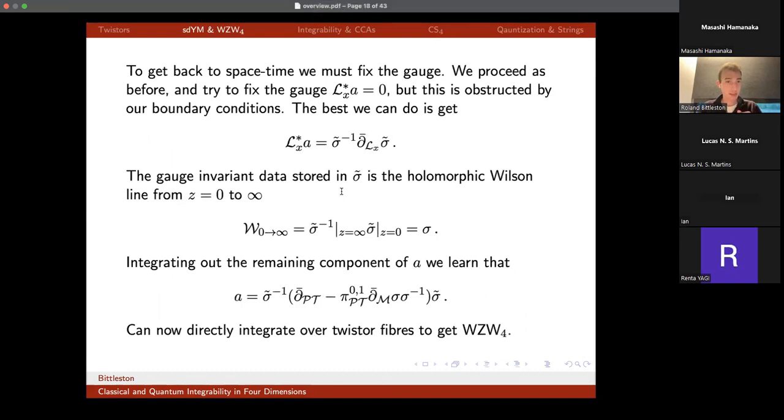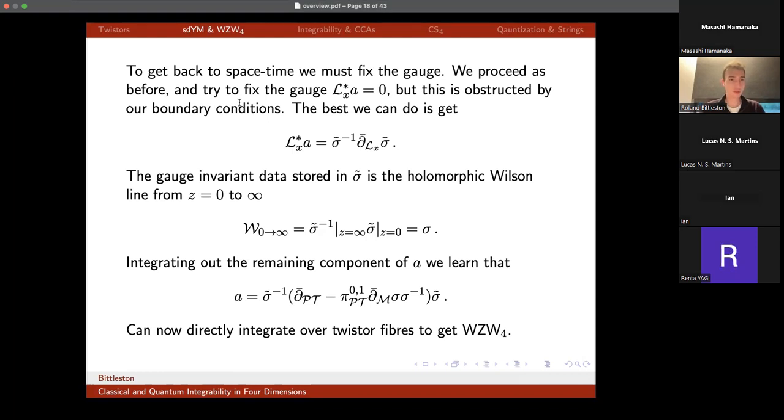Okay, so I claim that this really is the 4D WZW model on space-time. To show that it's not too difficult, we should just try and use the same approach as before. So first, we attempt to fix the gauge. So we pull back to a twistor line and try to fix a gauge where the partial connection vanishes. But now we can't do this anymore because our gauge transformations are not arbitrary.